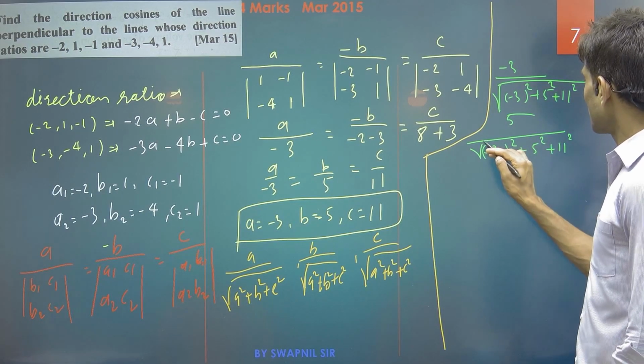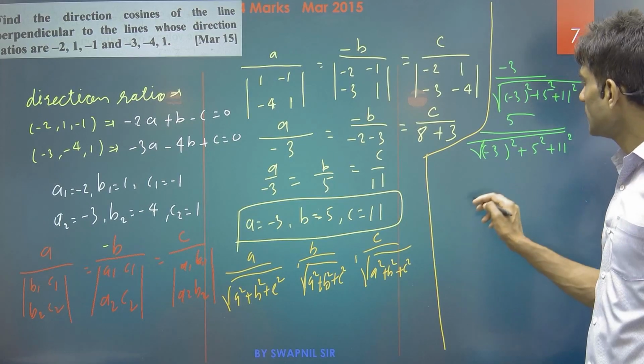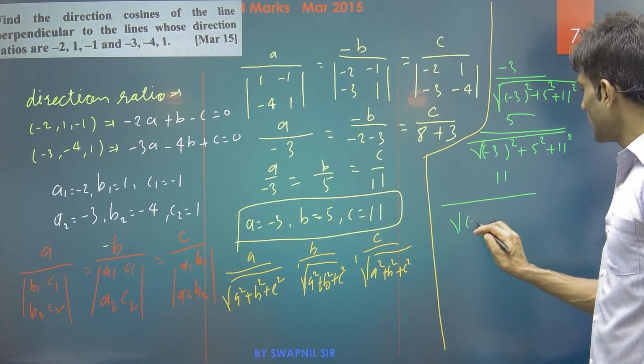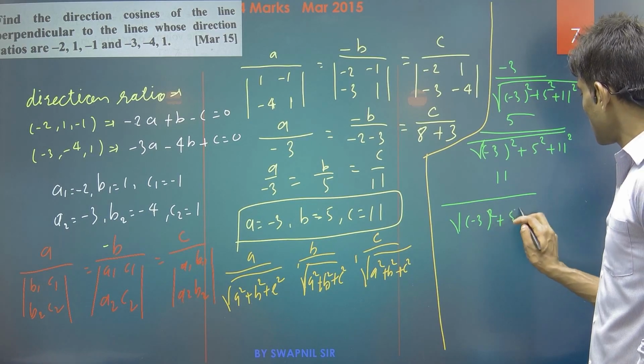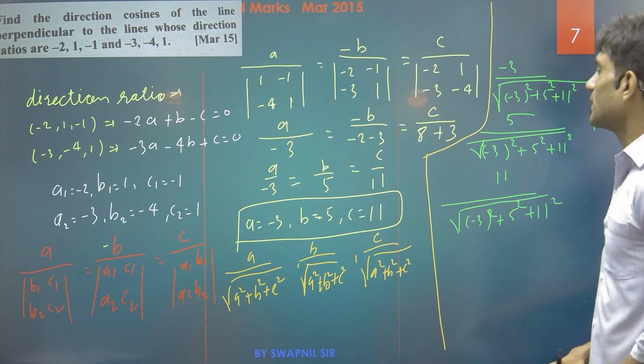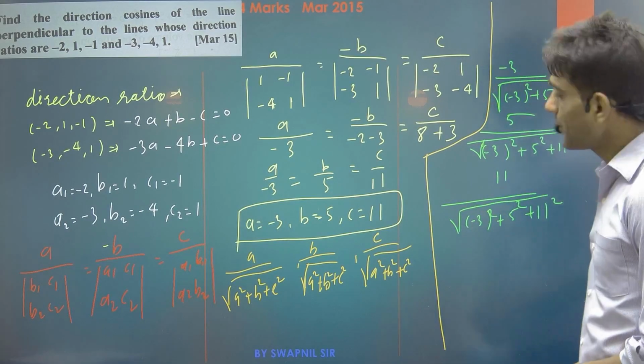This is our first direction cosine. Similarly, 5 upon the square root of -3 square plus 5 square plus 11 square, considering this as the denominator. And the third direction cosine, C upon, so 11 upon the square root of -3 square plus 5 square plus 11 square. Go for finding the calculation and you will get the required answer.